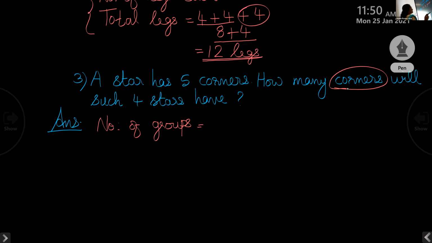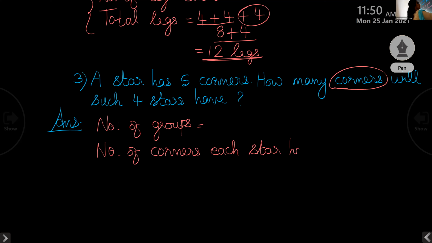So what should be the second statement? Number of corners each star has. How many corners each star has, Javak? 5. Good. Number of corners each star has is equal to 5.